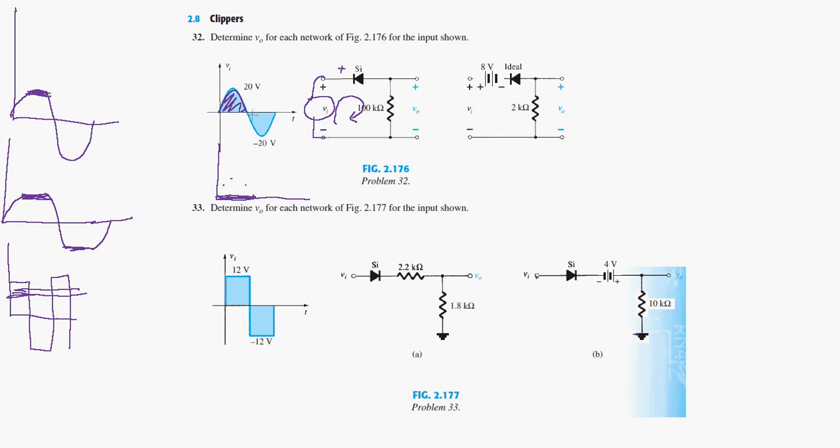Now for the negative part, let me take a different color here. For the negative part, the voltage will be in the opposite direction, so it will go like this. And for this, the voltage will be 20 volts in this direction. So the plus and minus will swap, so this will be plus, this will be minus.